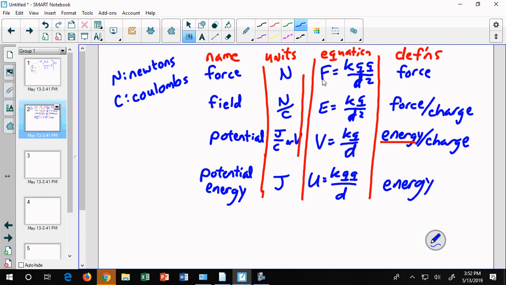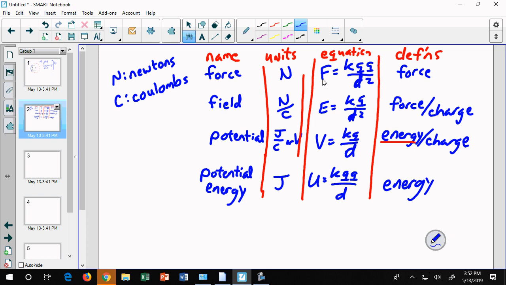If you wrote down R, it's not a radius, it's a distance between two charges or from the charge to a single point. Remember, too, you can tell this from the equation, I think there was a question on one of the tests about this, that some of these require two distinct charges, but some of them you only need one charge. Which ones only require one charge?